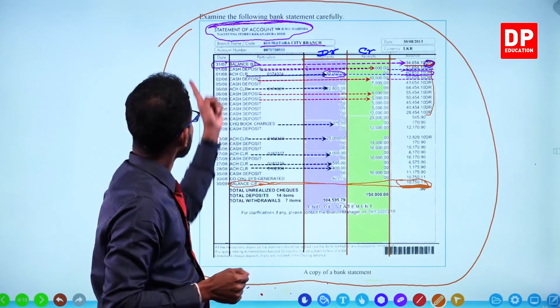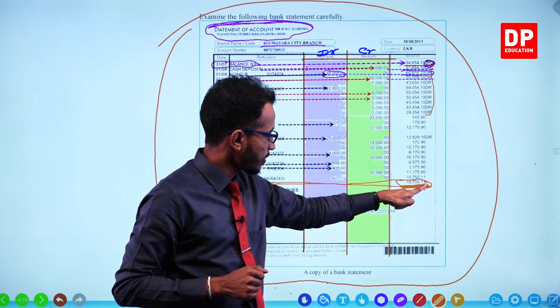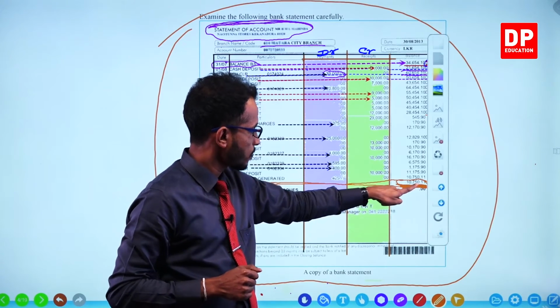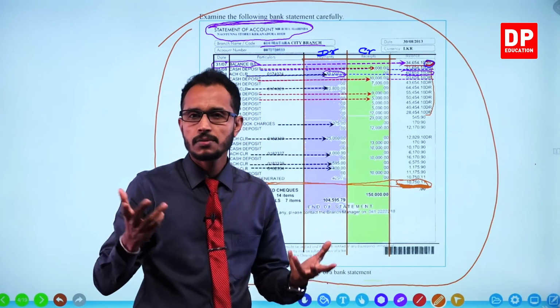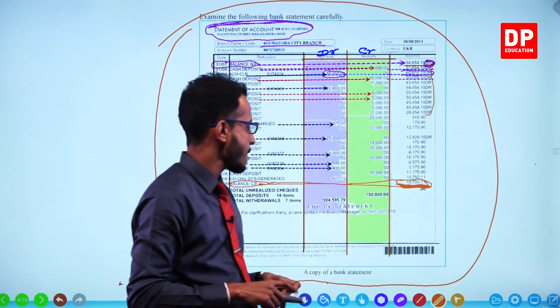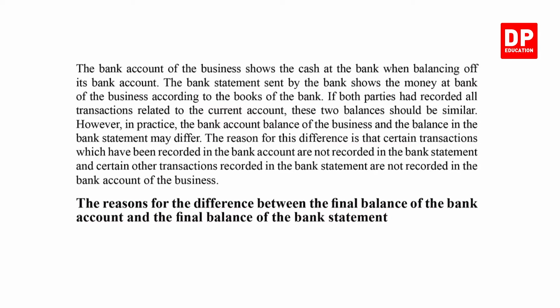In this month, the bank book balance should be the same, the 10,750. But if it is not the same, we have to do a reconciliation. This whole paragraph tells about the scenario that I explained.